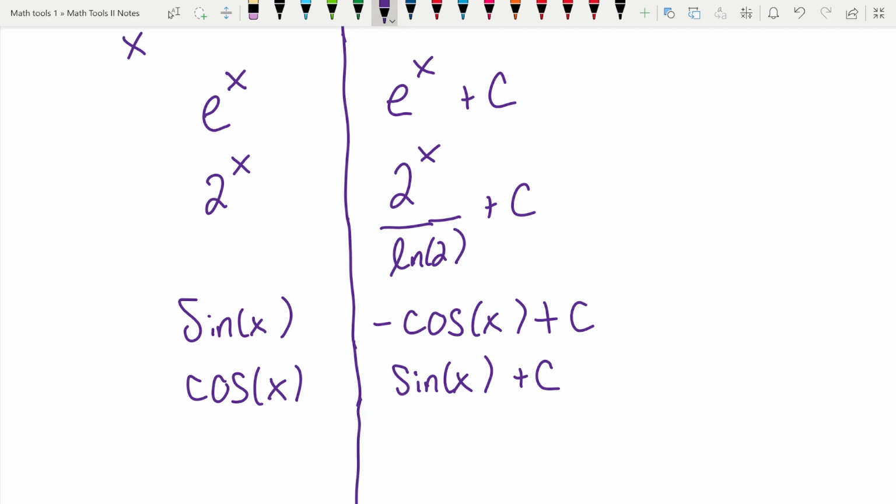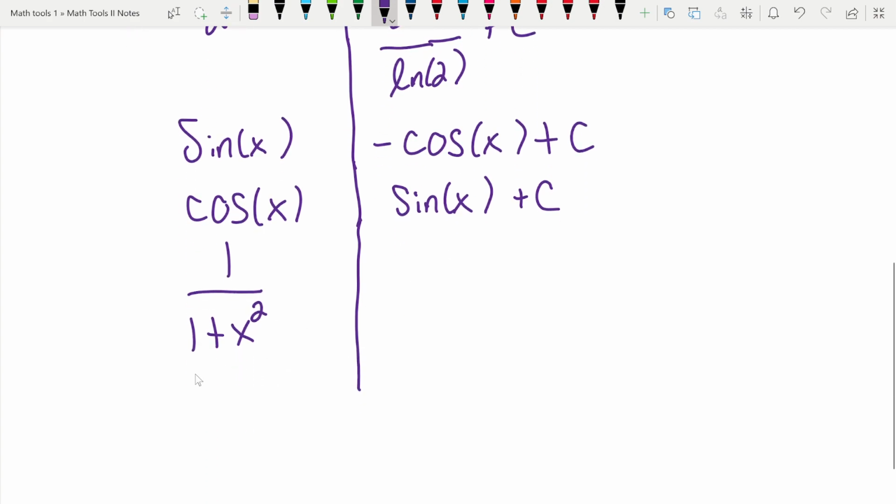There is one special trig function that I do want to mention because it is kind of a strange one, namely the antiderivative of 1 over 1 plus x squared, which is a fairly common form of function, is arctangent. Okay, so just something to keep in mind.